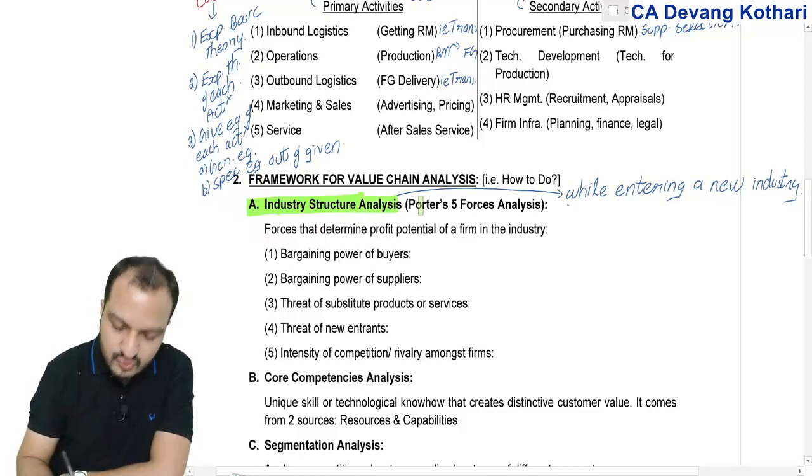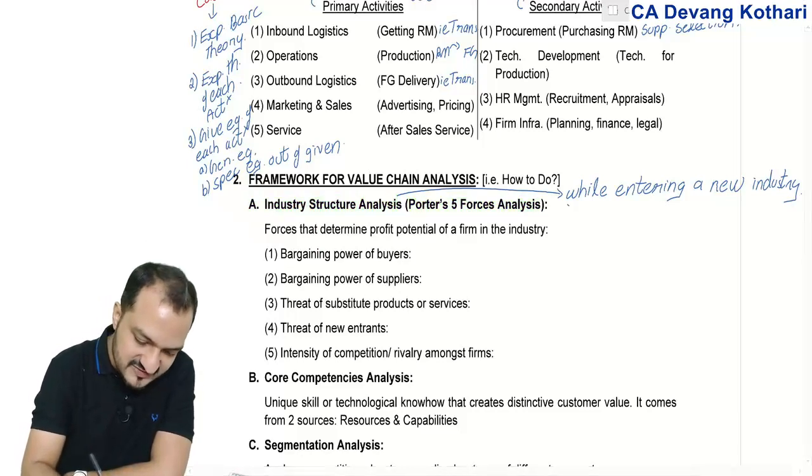Basically under this analysis you just have to study Porter's five forces.